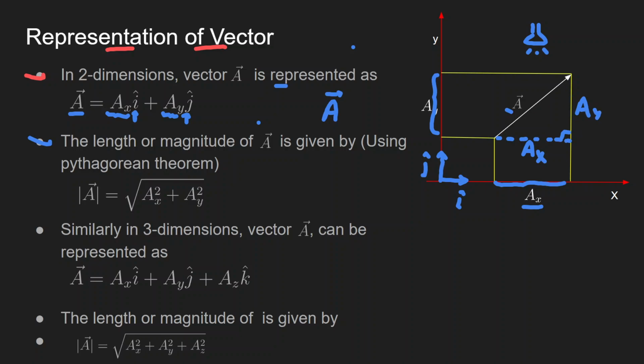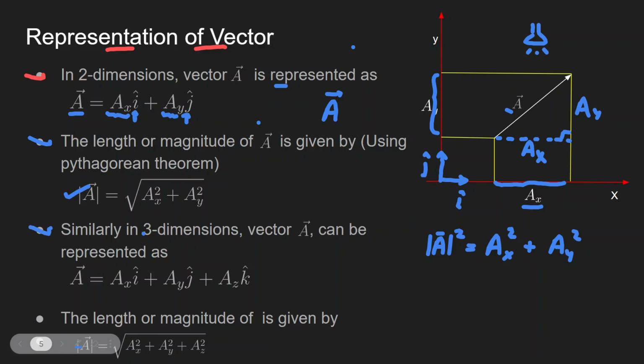So by Pythagoras theorem, if I apply the Pythagorean theorem, I will get magnitude of A squared is equal to Ax squared plus Ay squared. If I take the square root on both sides, I will get this equation. So this is the magnitude.